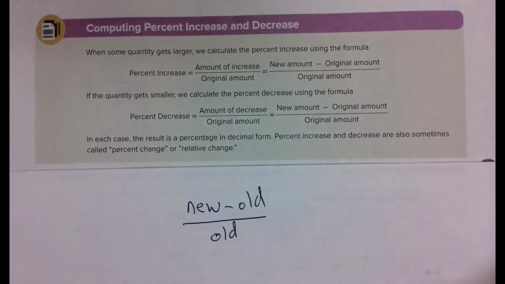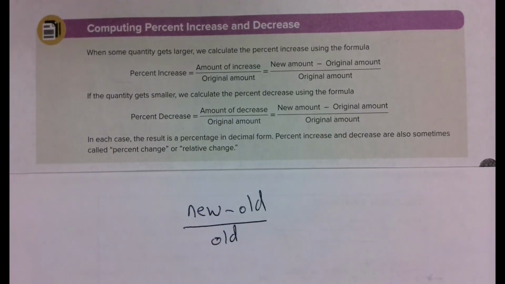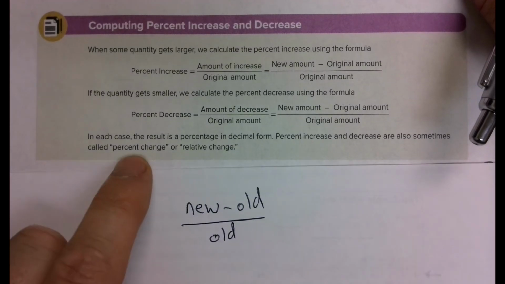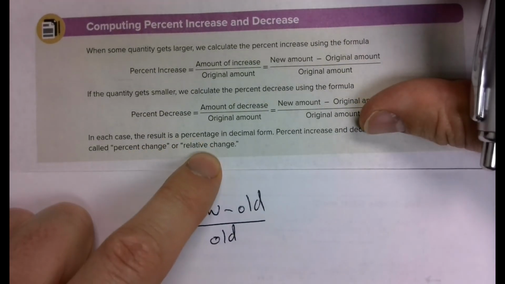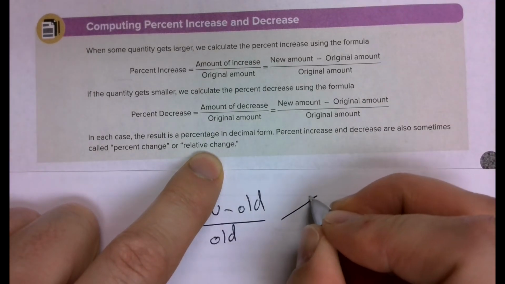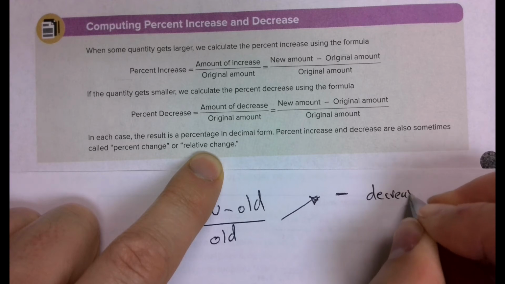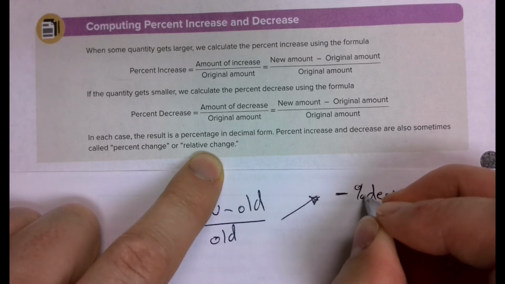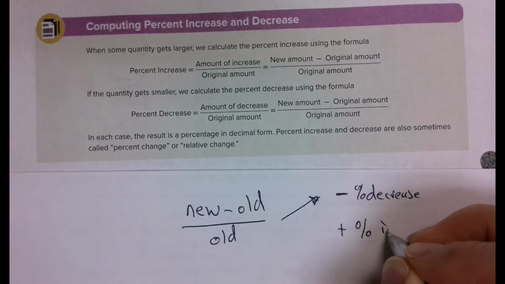What's important is that what we subtract is what we divide by. We're going to call this formula the percent change or the relative change. And we know that if we get a negative number, that's a percent decrease. And if we get a positive number, that's a percent increase.